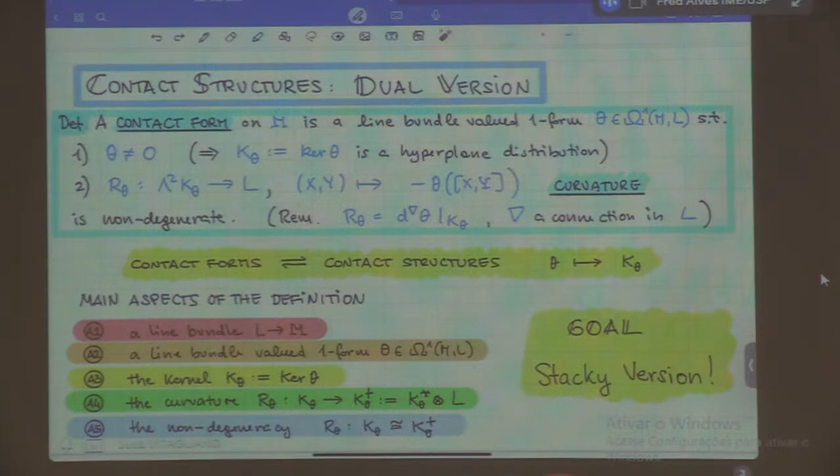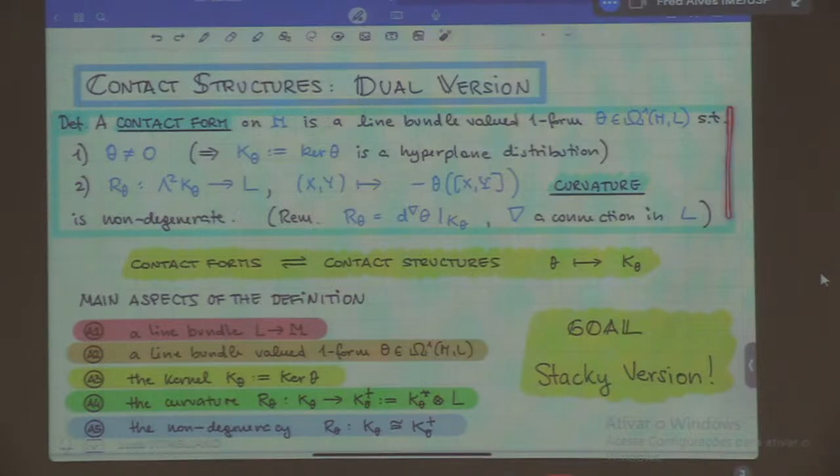The curvature of the one-form is only defined on the kernel, but it can be extended to the whole tangent bundle with the help of a connection in the line bundle. It's obvious from the formula that the curvature agrees with the restriction to the kernel of the connection differential of the one-form. Sometimes this is useful, so I ask you to remember this.